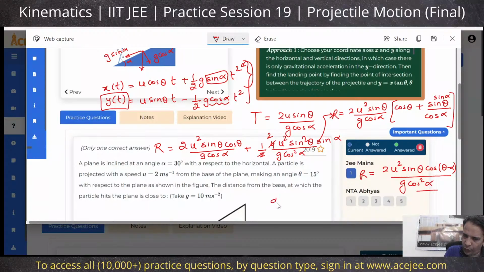To find out for what value of theta this is maximum, we're going to differentiate. So we get cos of theta minus alpha, and then minus sine theta sine of theta minus alpha.